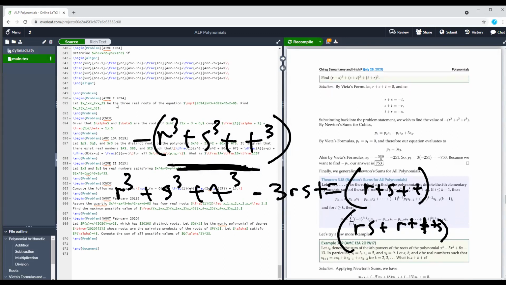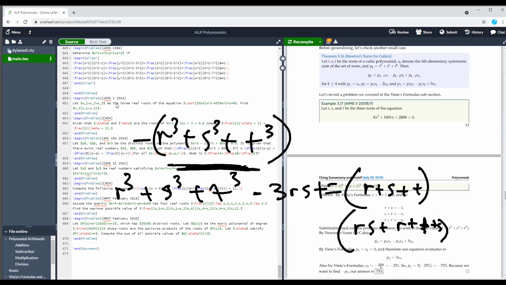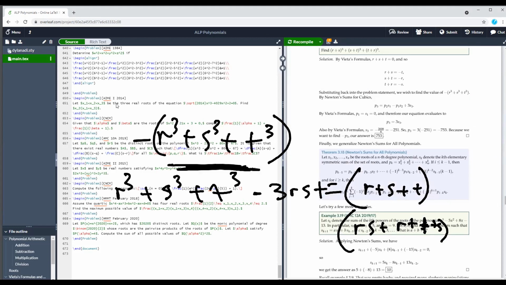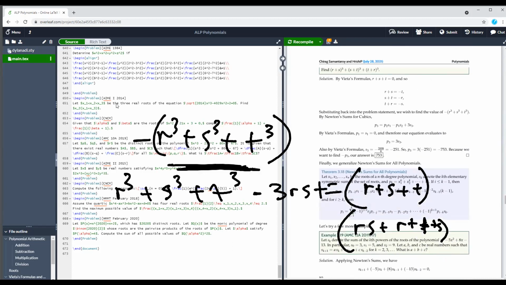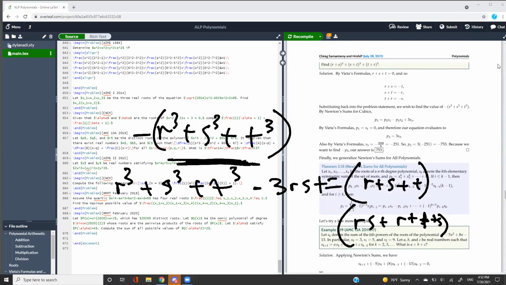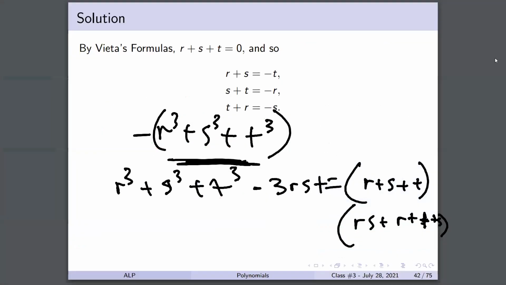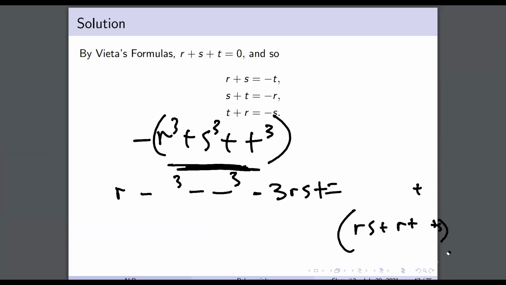Oh yeah. Okay, so basically, if we go back on our notes, I was actually doing this incorrectly.